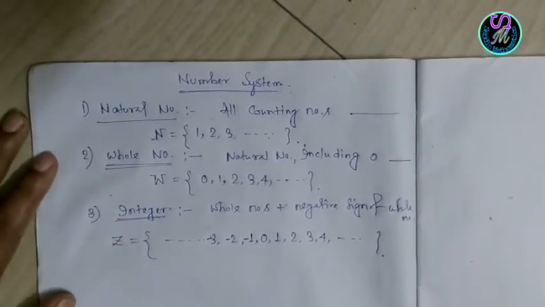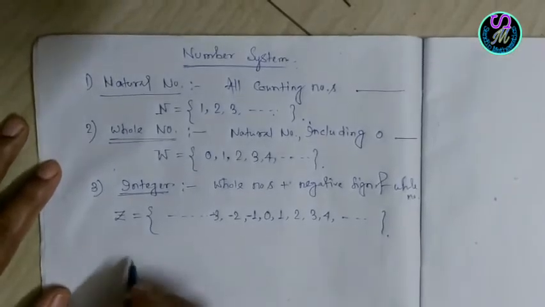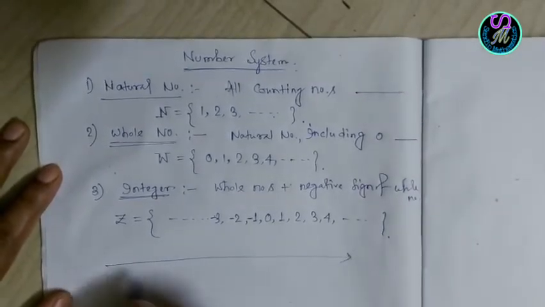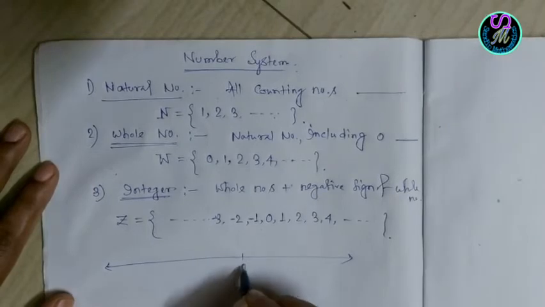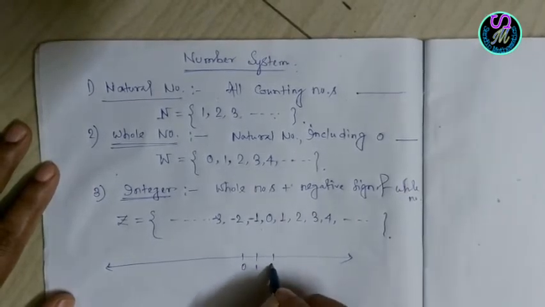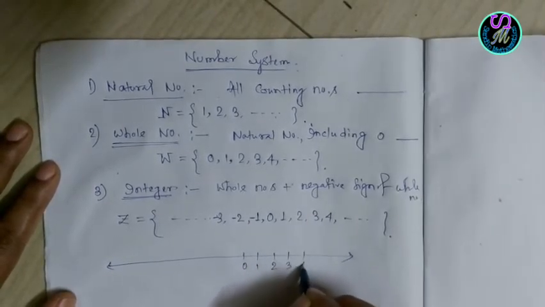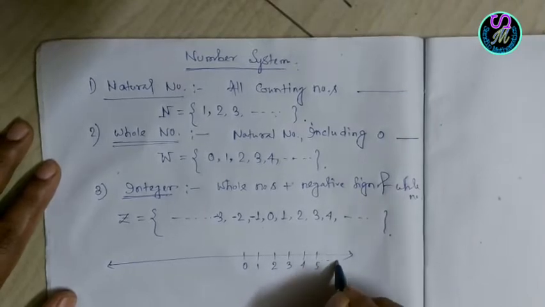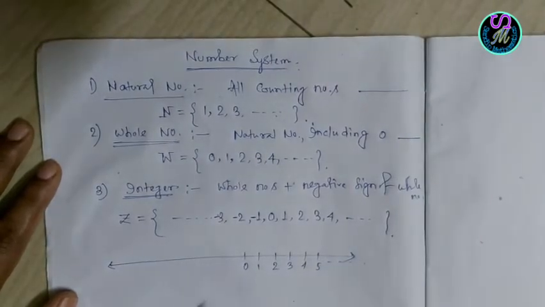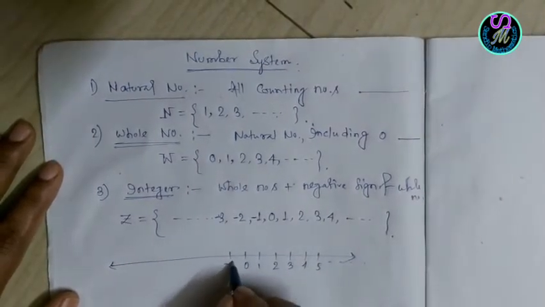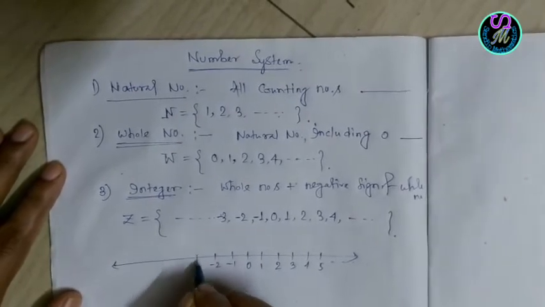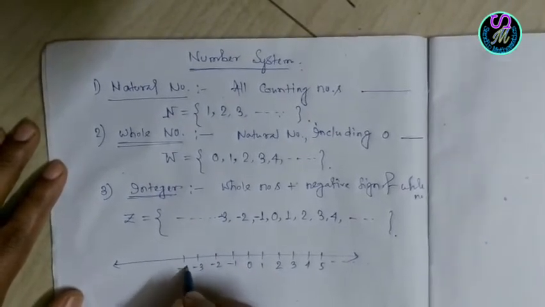Now if integers are put on the number line, this one is 0, this one is 1, 2, 3, 4, 5, and on the other side -1, -2, -3, -4, and so on.